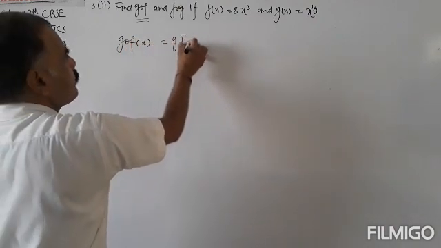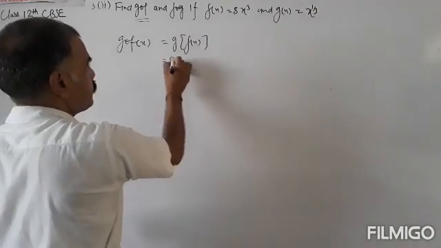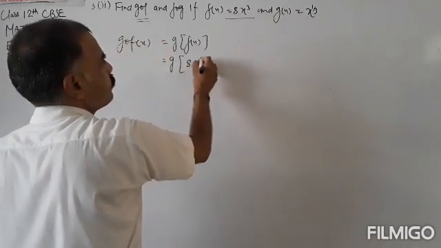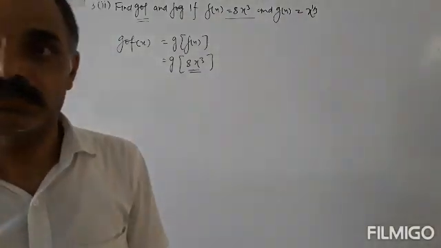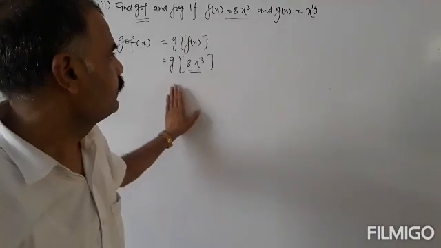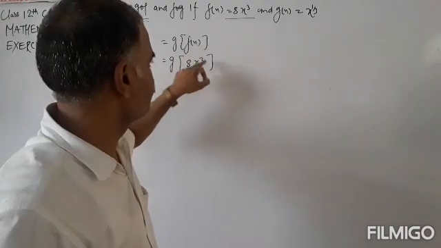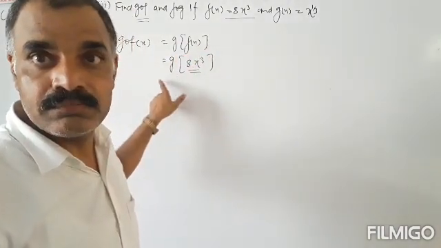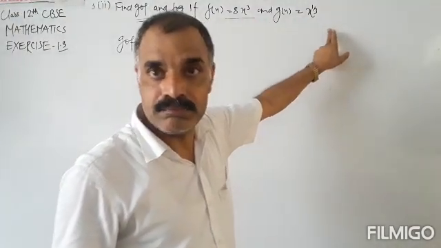equals g of f of x, and this equals g of 8x cube. Now this is not a function, this is an element for the given function g. So we are finding the image of 8x cube under the function g, and g of x is x to the power 1 by 3.